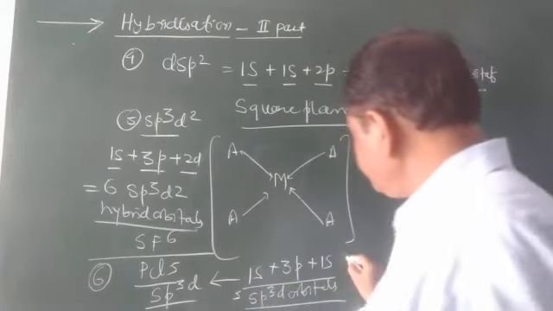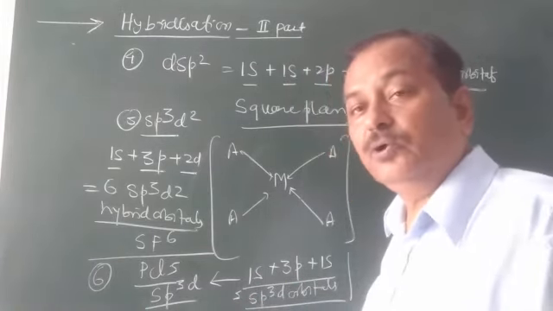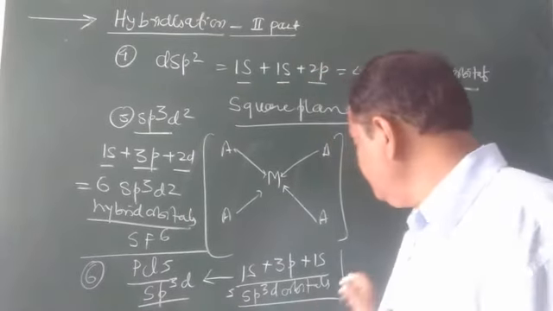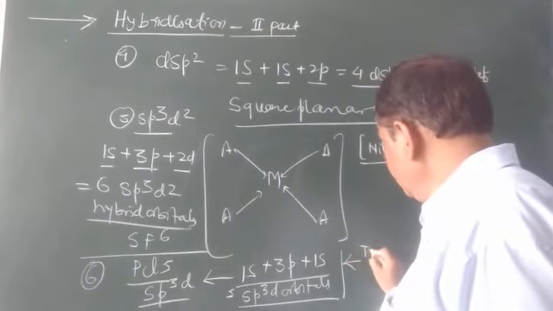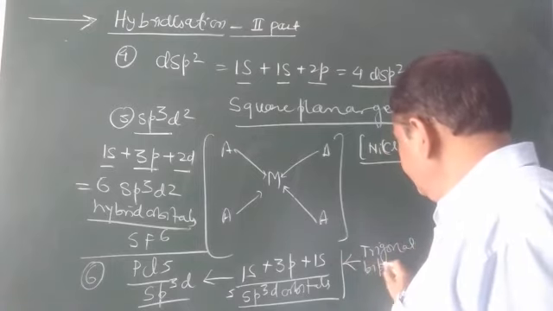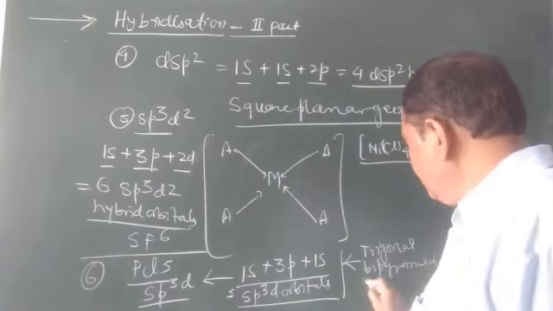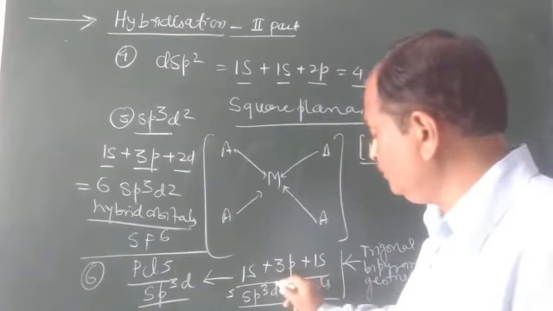Now, as a general point, all the molecules having this type of hybridization will have trigonal bipyramidal geometry. This is a very important point to note.